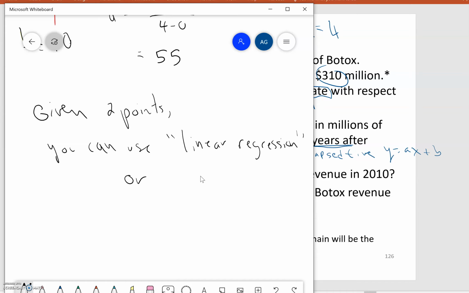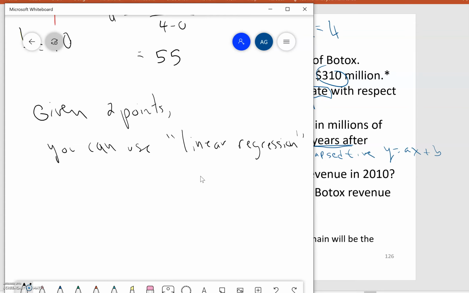Or you can use the point slope, or the slope y-intercept. I was about to go into that, but let's actually just focus on linear regression.